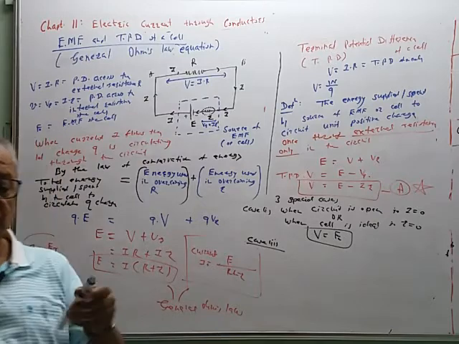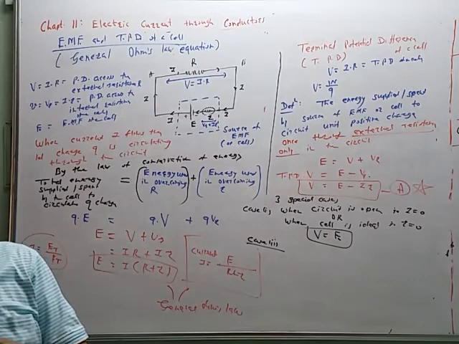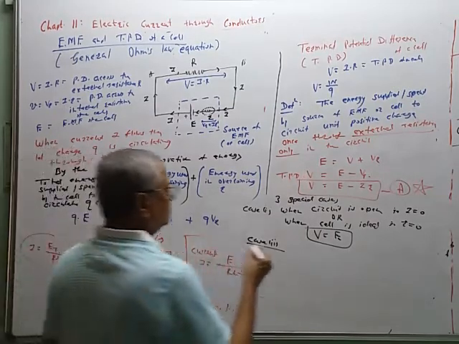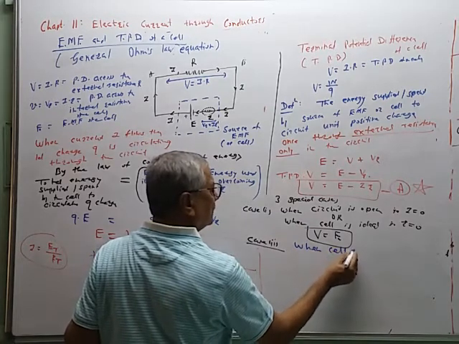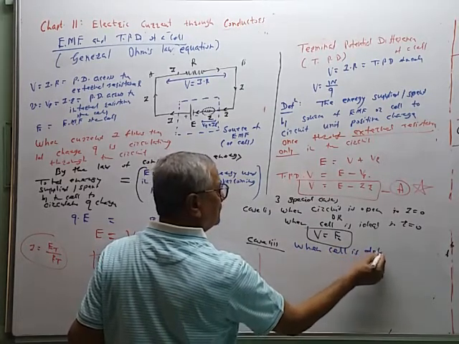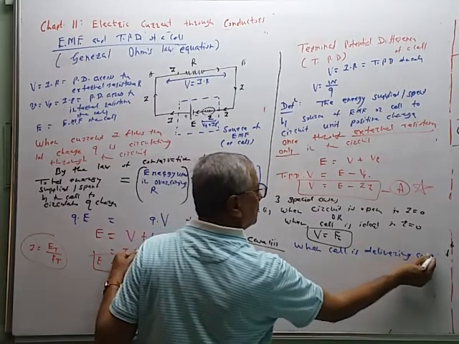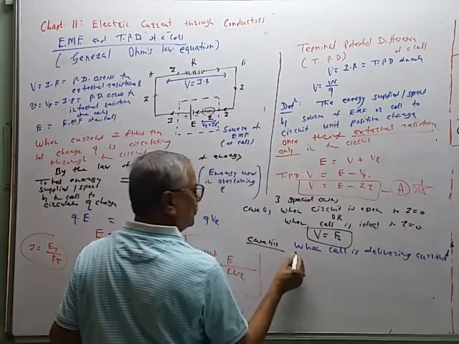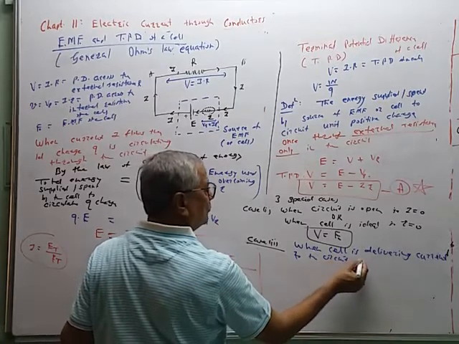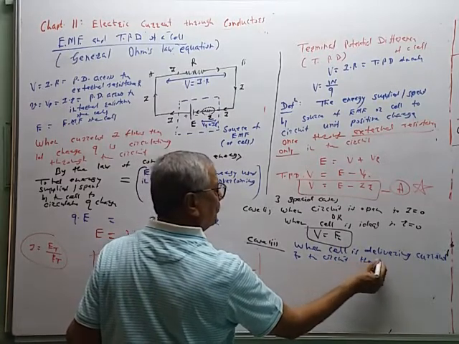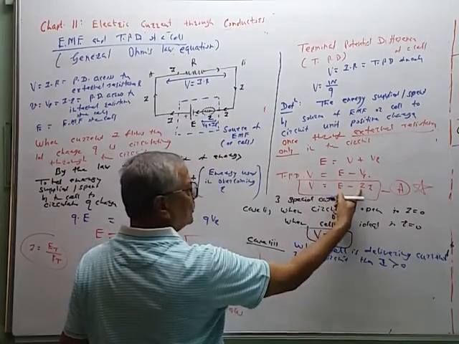Second case. When the cell is delivering current to the circuit, then the current I is positive. मग current जर positive असेल तर ही term negative झाली.